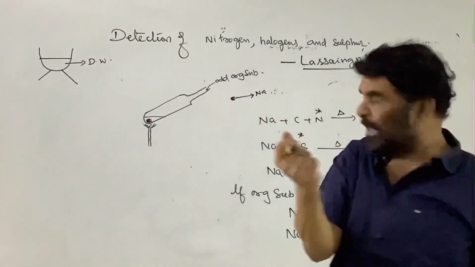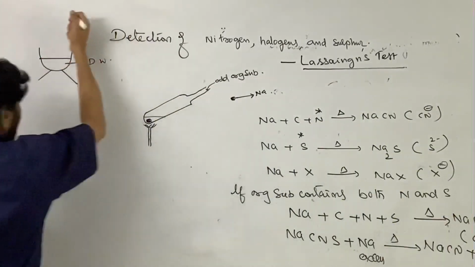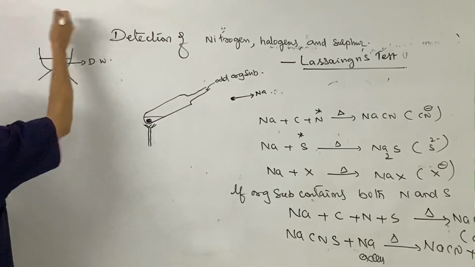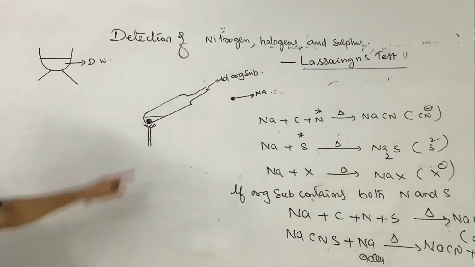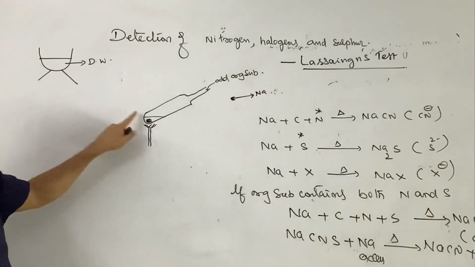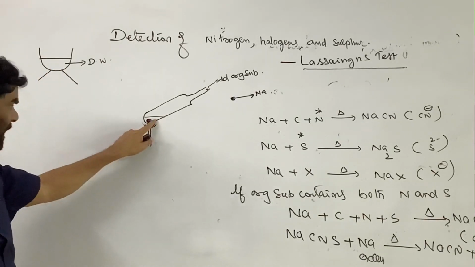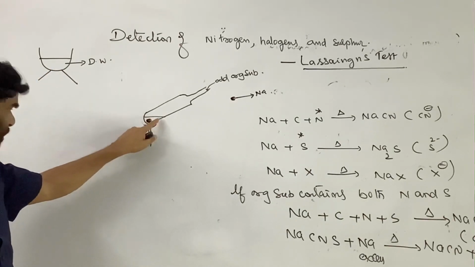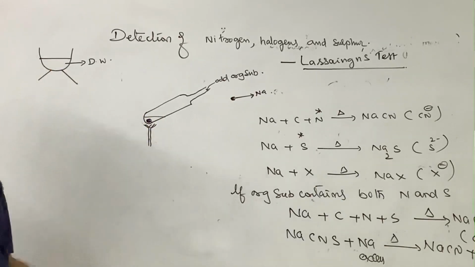Now take an appropriate pestle and mortar, and stir it. You are grinding the contents of the fusion tube with the distilled water.